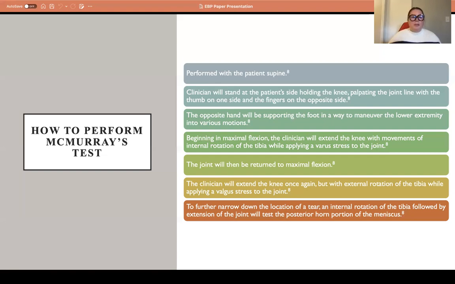When you're performing the McMurray's test, it is difficult to test the anterior horn due to the lack of compression and pressure in the area. A positive finding for McMurray's test is pain elicited from the patient, snapping, clicking, and/or locking palpated along the joint line.